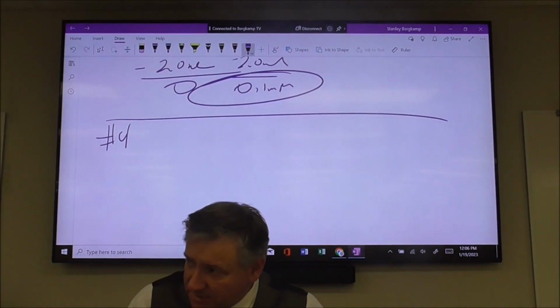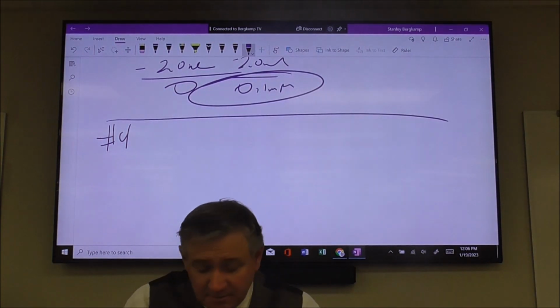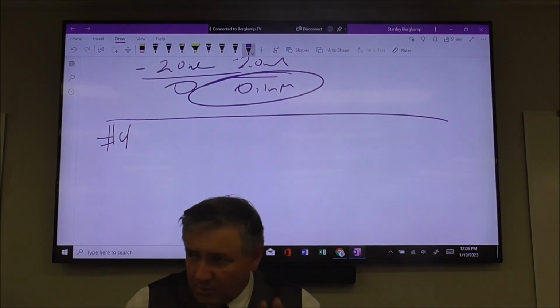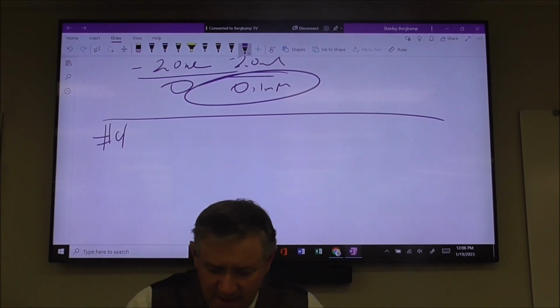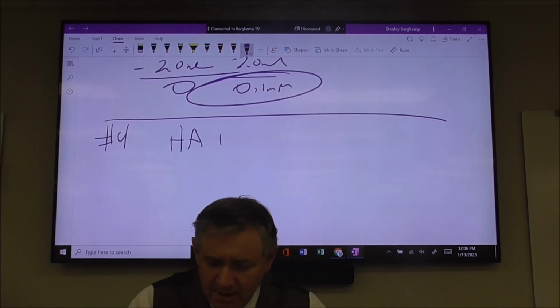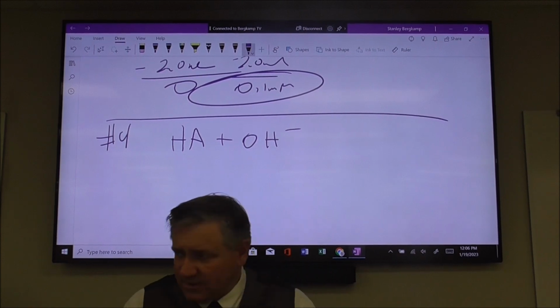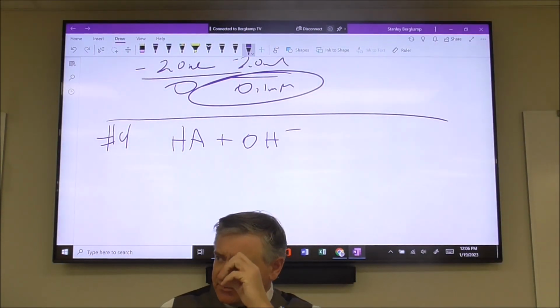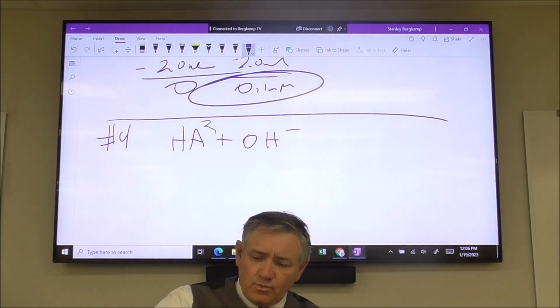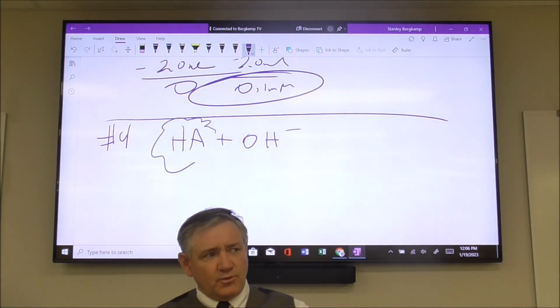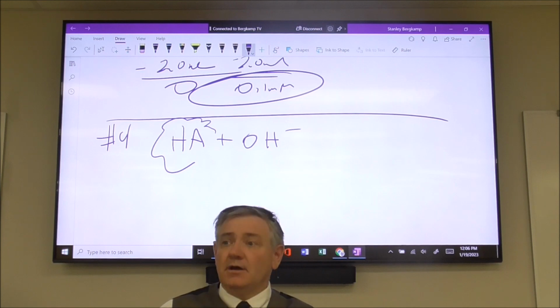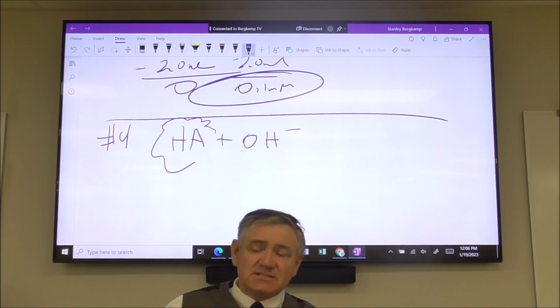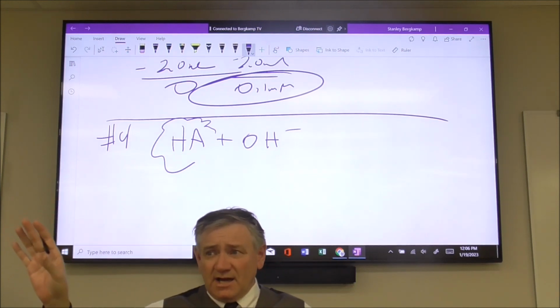Now, here's what's going to be different, even when you write this. I've given you the full-blown equation. You can just write it as HA. But here's what I want you to see as a difference. If it's a weak acid, when you do that first reaction, you want to write it as the molecular form of that acid, because that's how it exists. Is a little bit of it ionized?